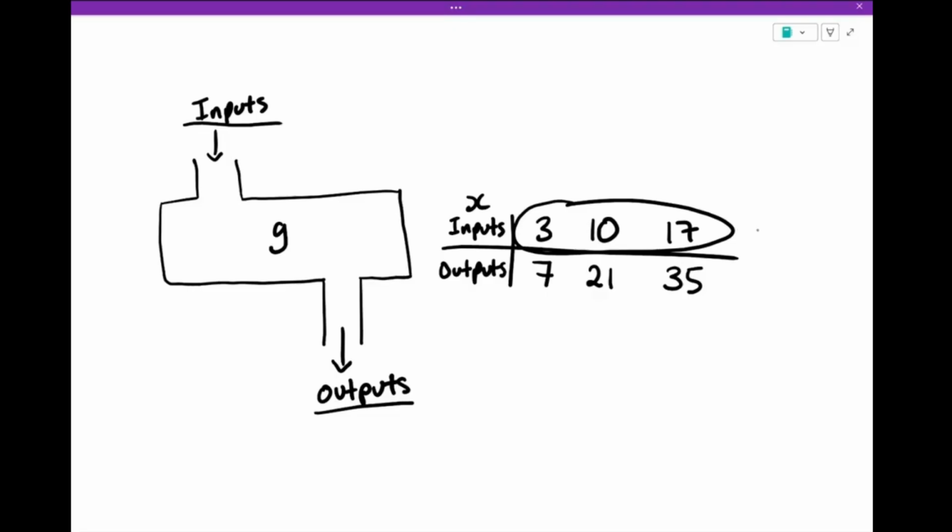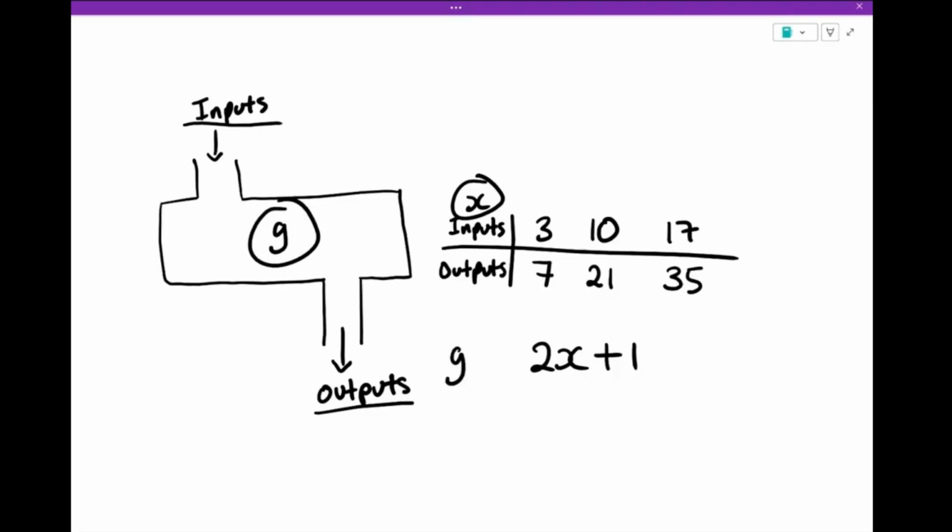So we then need to add on 1 in order to get to our outputs. So what we're doing is we're taking our inputs x, multiplying them by 2 because that's what doubling is, and then we add 1. So this would be my function. Because it's called g this time, I would write g of x is equal to 2x plus 1.